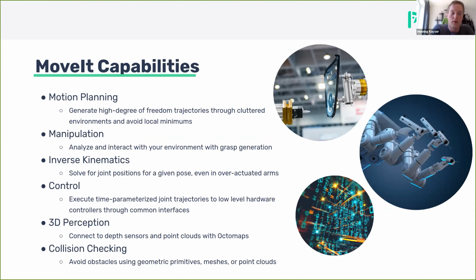You can plug and play all of these things, because MoveIt is designed so that you can replace plugins or nodes that communicate with messages, and that allows you to prototype a complex robot system really fast.